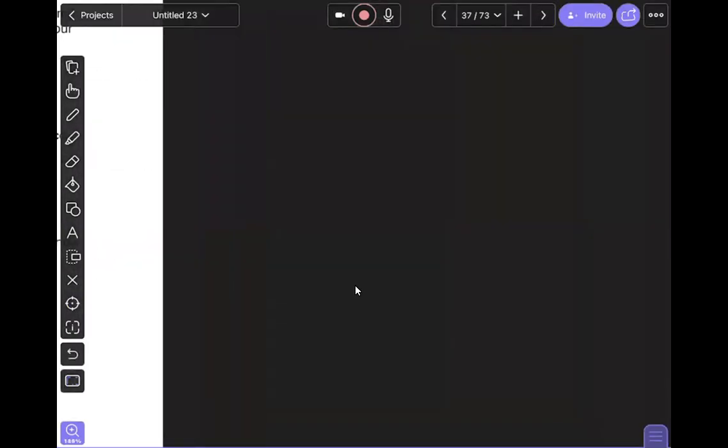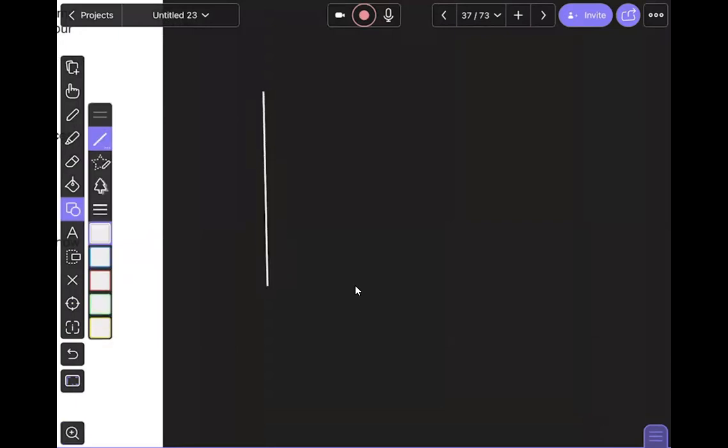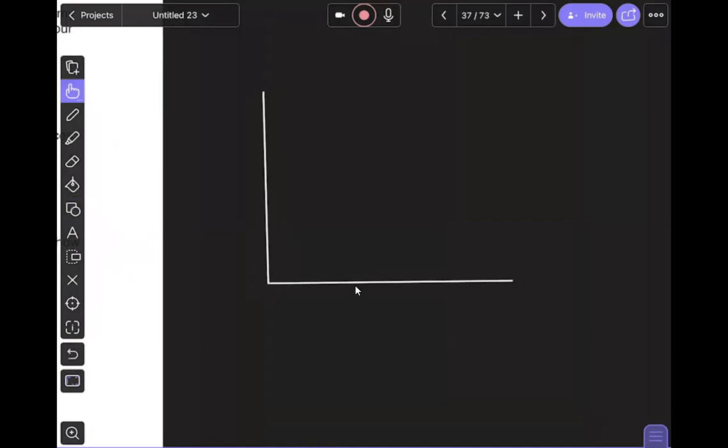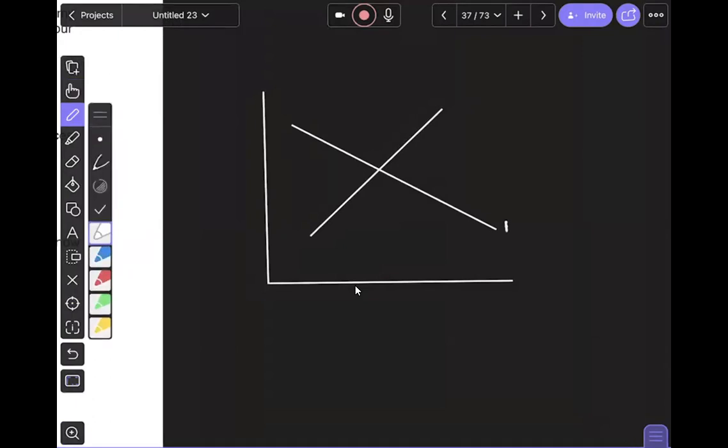In these questions, we need to first establish what we mean by equilibrium, what we mean by disequilibrium, and how we can solve the problem. If we draw the demand and supply diagram, guys, this is my demand and supply, this is my price P naught, and the quantity is Q naught. When we say equilibrium, we mean quantity demanded equals quantity supplied.